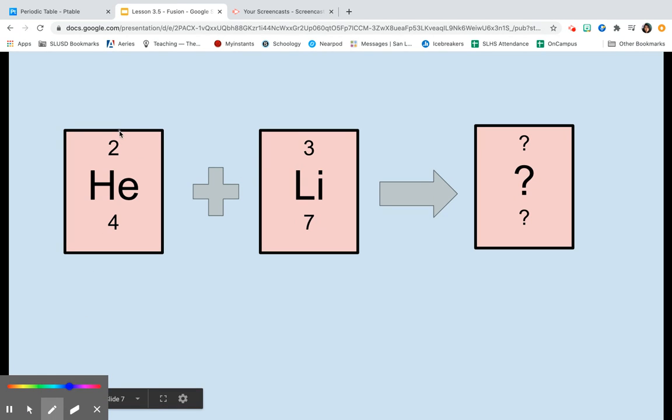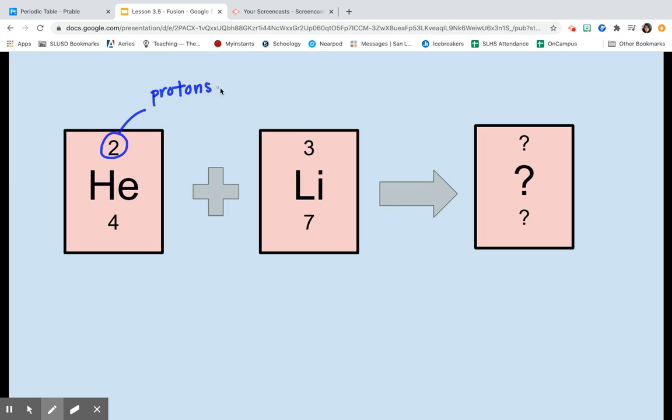Okay, starting with this first one. So a reminder that because we're doing fusion, we're only going to focus on the nucleus or the center of the atom. And mainly we just need to know that this top number is how many protons you have, right? As an aside, know that this is also the number for electrons in a neutral atom, but I'm not going to write that down because it's not super important for fusion.